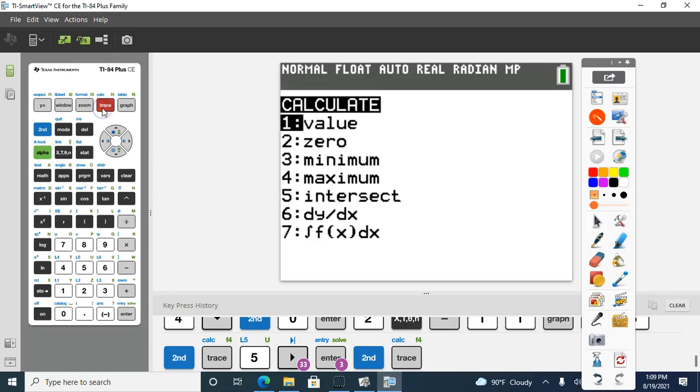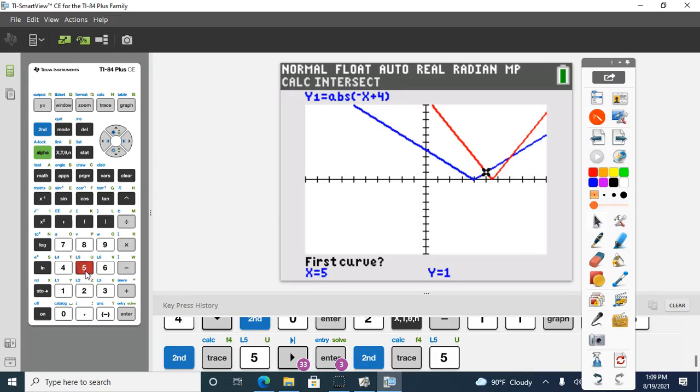Second trace, number 5, but I need to move my cursor closer to the other intersection. Enter, enter, enter, and 7. So x equals 5 and x equals 7. Any questions? Everybody good? All right, 5 more to go.